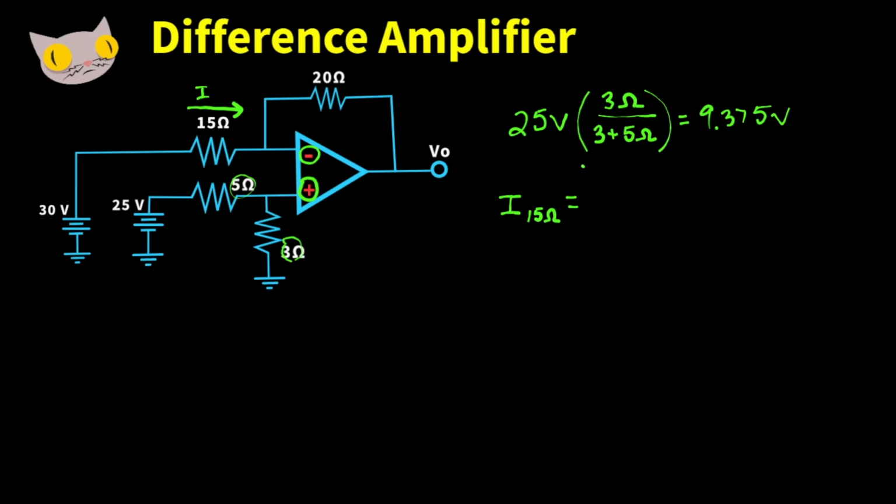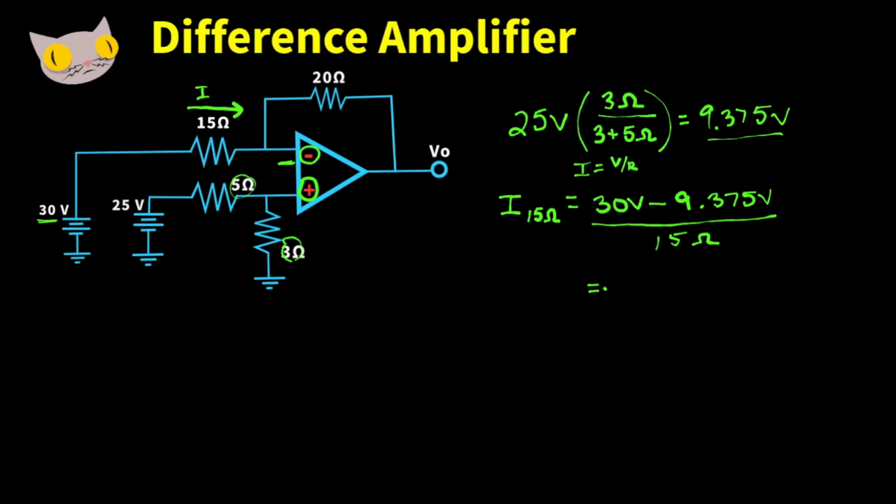We can find this using Ohm's law, where current is equal to voltage over resistance. So our voltage is going to be the 30 volts connected to the resistor minus the voltage at the negative terminal, minus 9.375 volts, over 15 ohms.